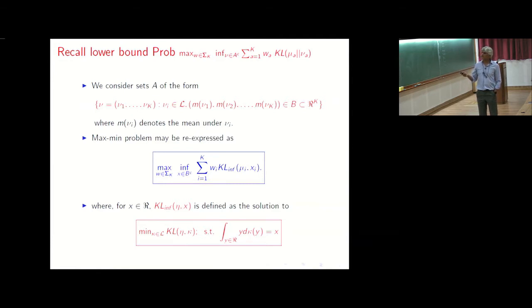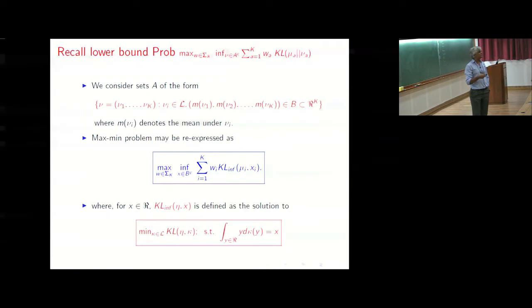Each x_i is taking value in the real line. Where this KL_inf is now defined as, I'm looking amongst all distributions which belong to my set L, which minimize the Kullback-Leibler distance from the eta distribution. So eta is fixed now, and the mean is given by x. So KL_inf is a solution to this optimization problem in the distributional space.